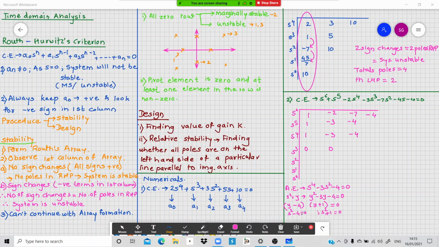So what values of s am I getting? s is equal to plus minus 2 and s is equal to plus minus j. Correct? So s is equal to plus minus 2. Very much clear. This is the first condition.